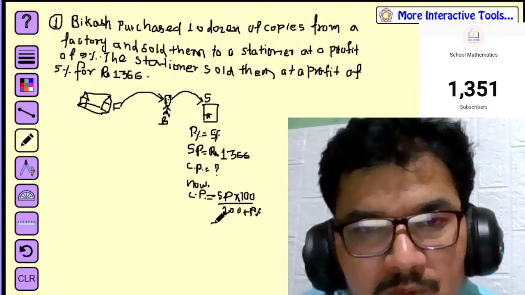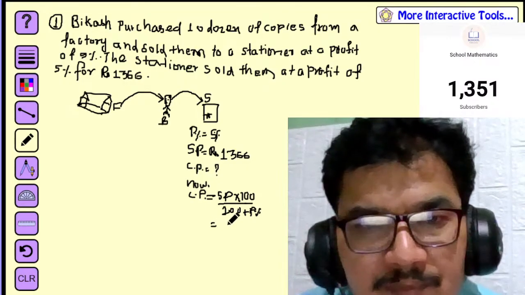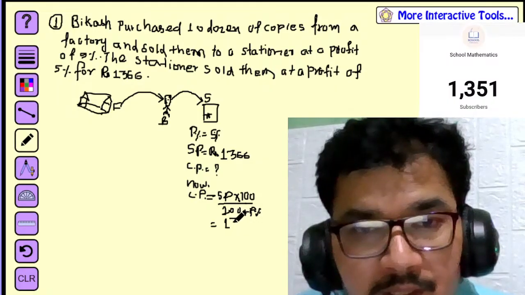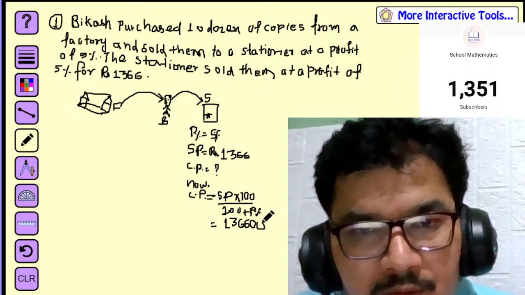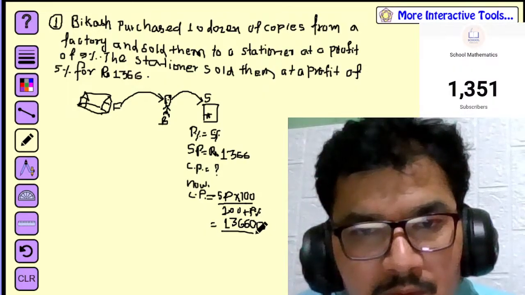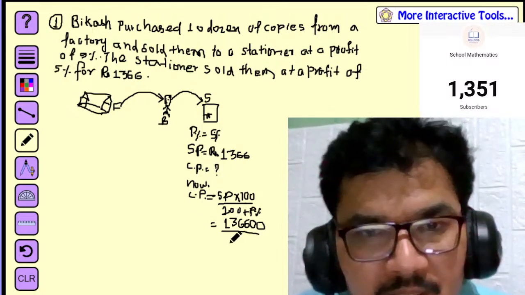Now let's put the values. SP is 1366, multiply by 100, then 100 plus profit percent 5 gives 105.